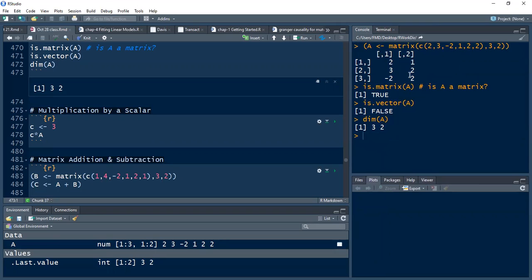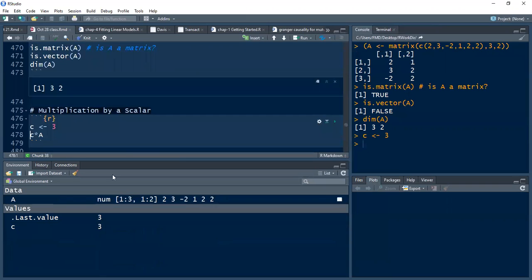So this is our matrix A in the console. You can multiply matrices by a scalar. When I say scalar, I mean a number. So here, we're defining c to be the number 3. So we have here the object, small letter c, equivalent to the number 3.